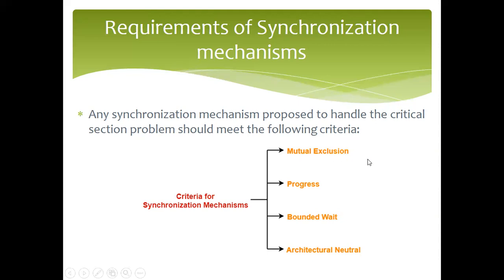One of them is mutual exclusion. The other one is progress. The third one is bounded waiting. And the fourth one is architectural neutrality. These are our requirements, and I will explain each of them in the next slides.